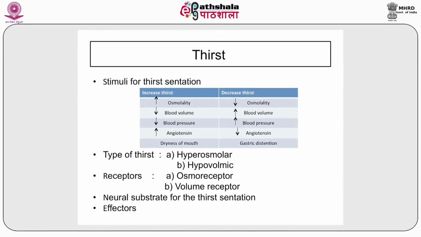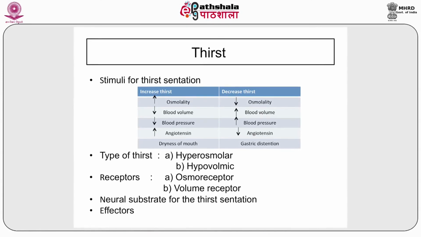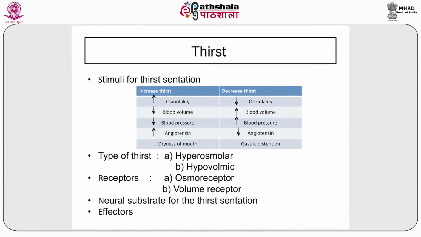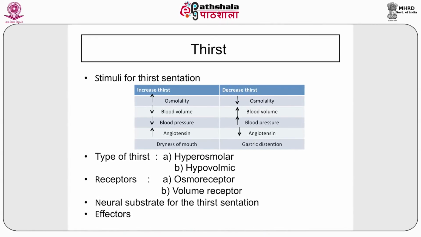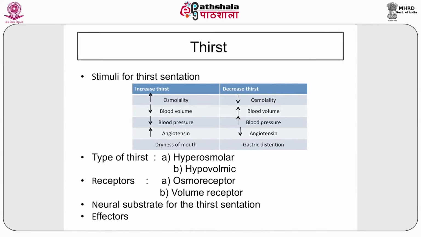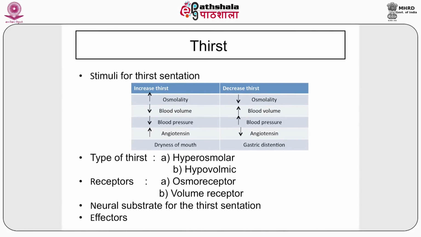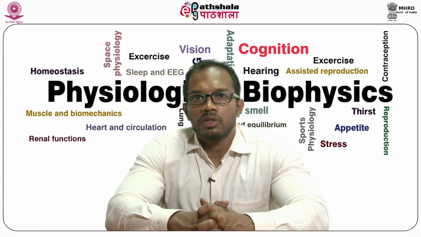From there, the median preoptic nucleus is activated, which gives signal to the higher integrated center, which produces thirst sensation and activates brainstem areas, which lead to the behavioral activity related to the thirst sensation. The stimuli for thirst are basically change in the blood volume or change in the osmolarity, which produces different types of thirst like osmotic thirst.